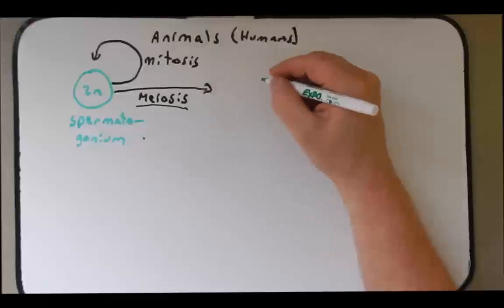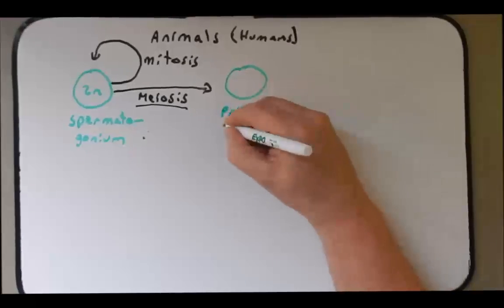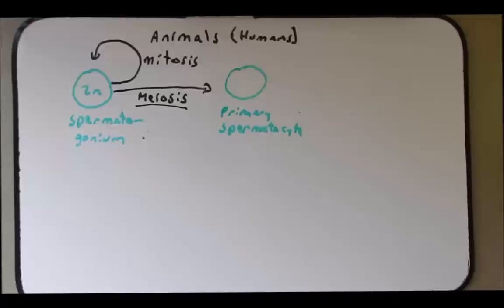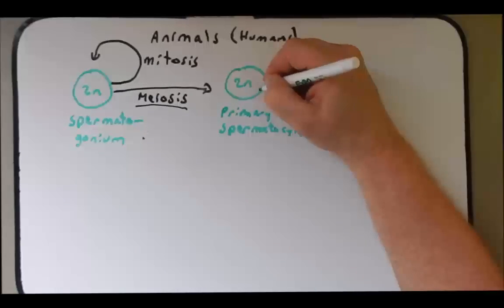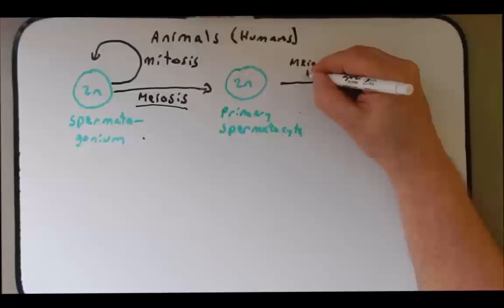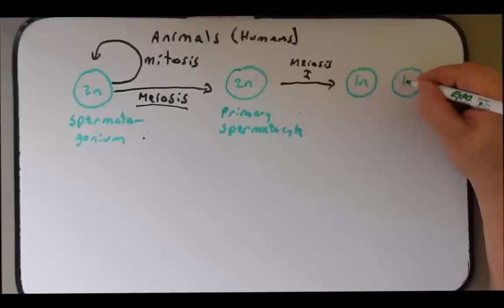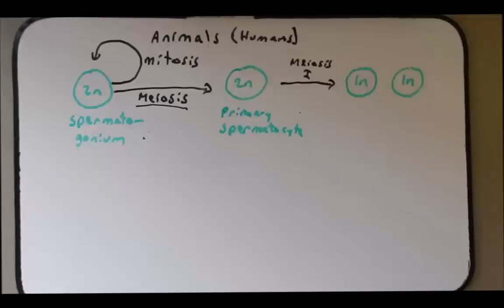As they commit to this meiotic pathway, they are called a primary spermatocyte. At this stage, they are still 2N. They will undergo meiosis 1, and then they will produce 2 haploid cells using the same meiotic pathway that we talked about on the previous podcast.